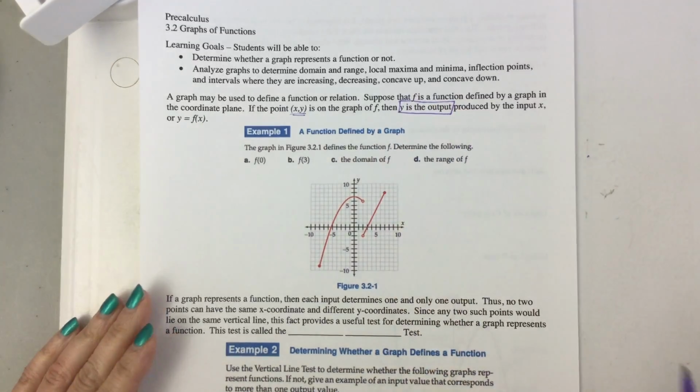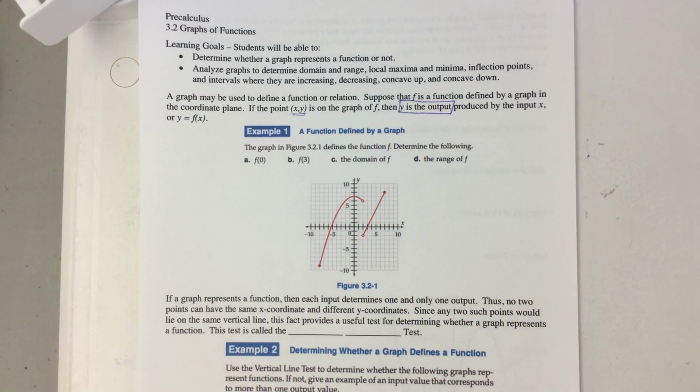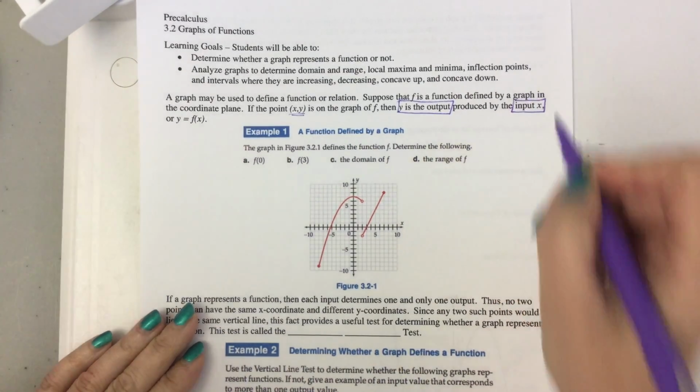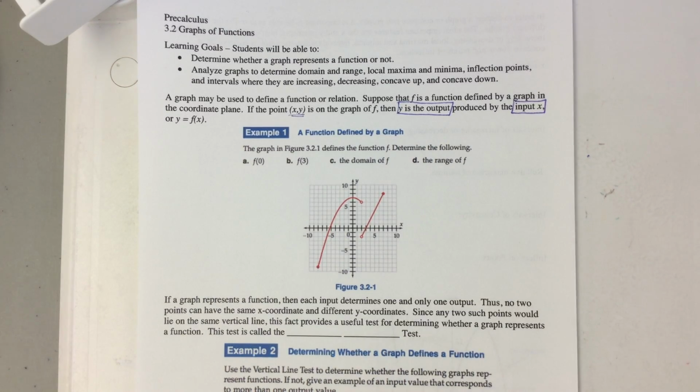And just as a reminder, y always tells you if you are going up or down from the x-axis. X is the input. The input always tells you how you travel to the left or the right of the y-axis. So again, ordered pairs, input is x, output is y. The ordered pairs are on the graph, which is going to be in the coordinate plane.